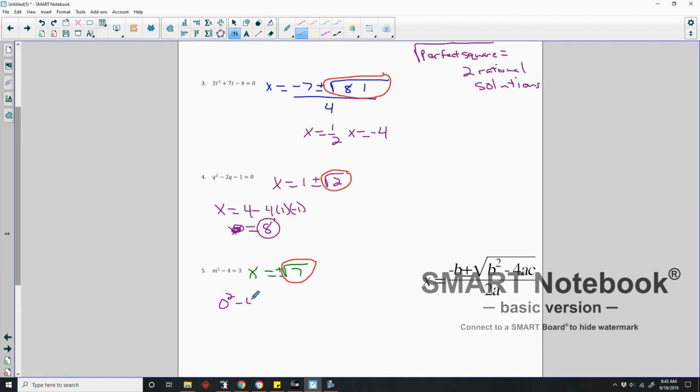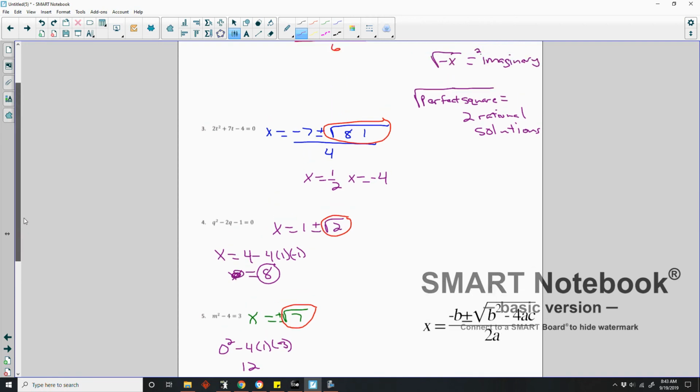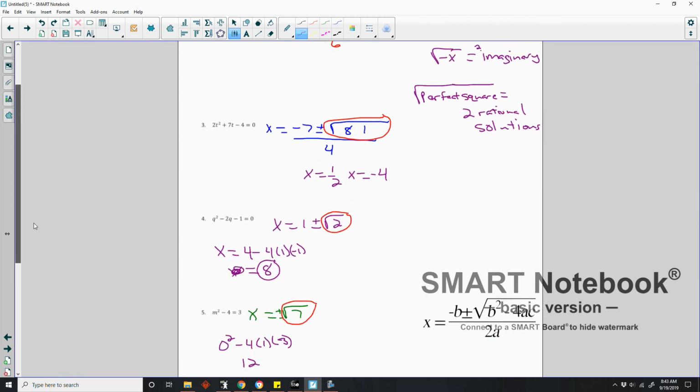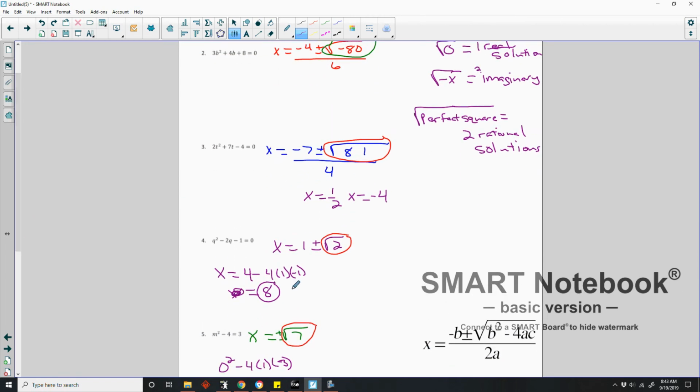All right, so b squared minus 4ac is negative when you bring that over, remember? So it's 0 plus 12, or just 12, and since it's not a perfect square, it gave us two rational solutions as well.